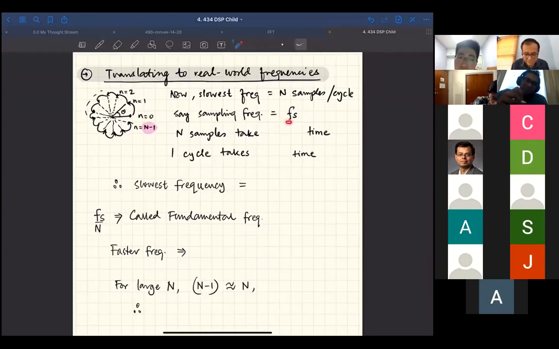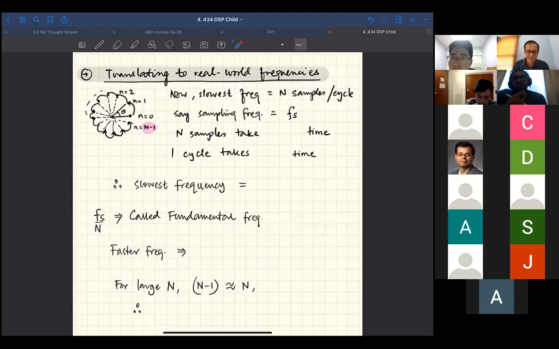Now sampling frequency is Fs. So now tell me, how much time does n samples take? How much time does one sample, one step take as you move? Well, definitely not one revolution. Not yet, I'll come back to your question.